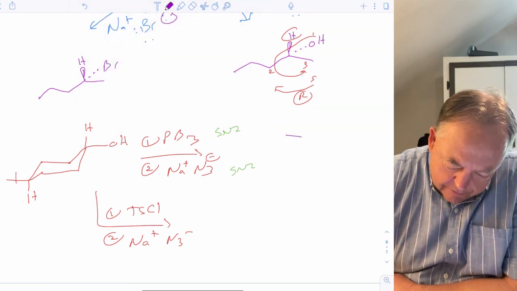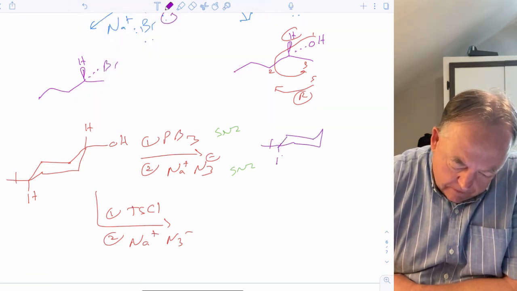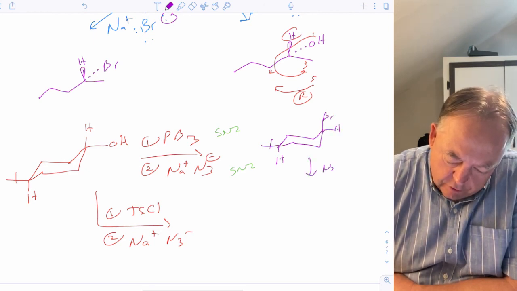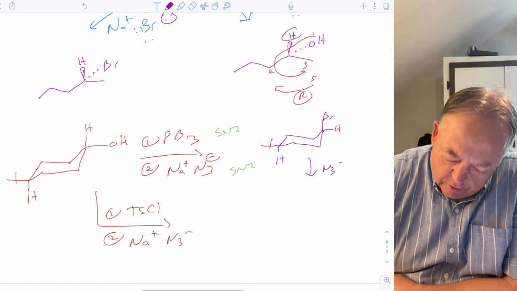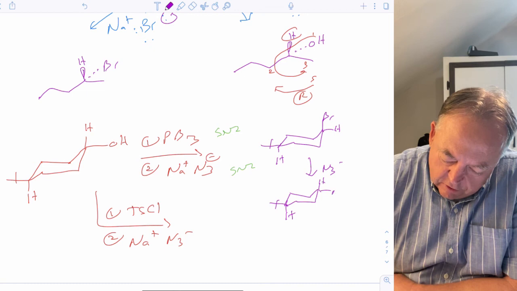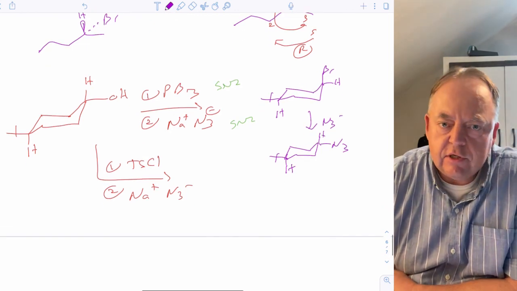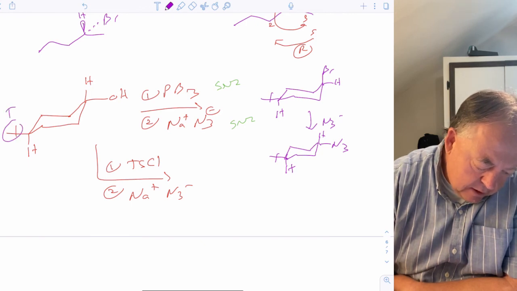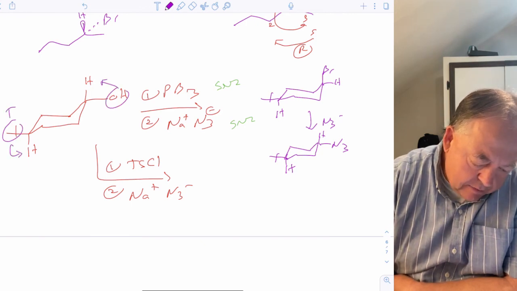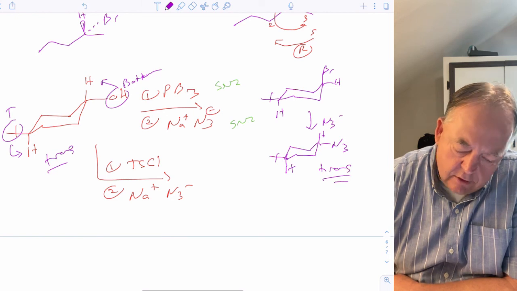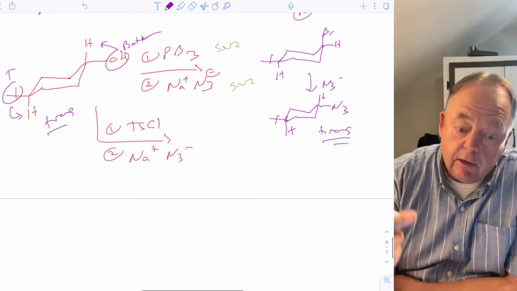So after the first step, you would flip the stereochemistry and put the bromine on, and then when the N3 minus reacts, you do another SN2 reaction, and that'll flip the stereochemistry back, and you would end up with the same stereochemistry that you started with. This is top of hydrogen, this is bottom of hydrogen. So you started with the trans isomer, and you ended up with the trans isomer through that sequence of reactions, since you did a double inversion.